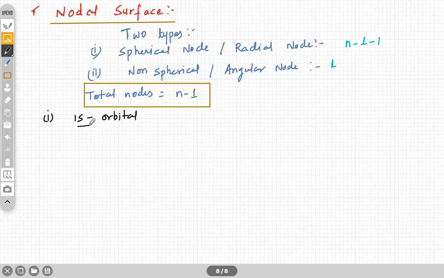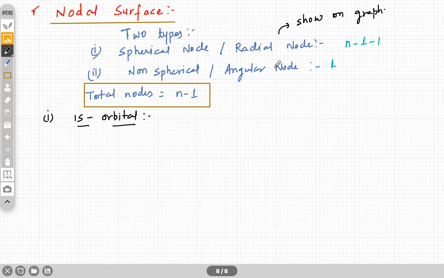First of all, one thing you see, this spherical node, we can show on a graph: that at a certain distance, we have a spherical surface where the probability is 0. Angular node, we don't represent on the graph, basically.